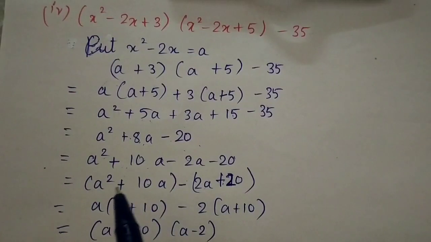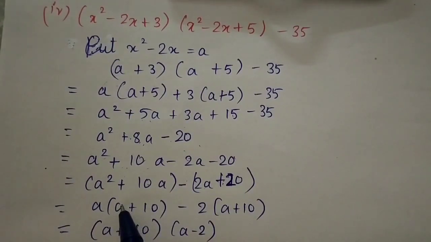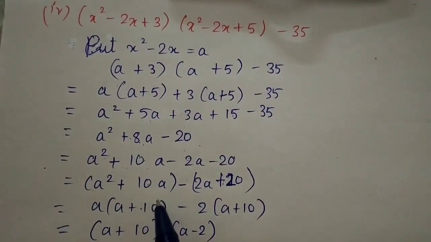Out of a square and 10a, there is no number which is common, so no number goes outside. But out of a square and 10a, a goes outside here. So out of 10a, 1a is outside. What remains inside is a plus 10, because this a went outside, minus in the bracket. We'll put 2 and 20 comes in 2 tables, so 2 goes outside.